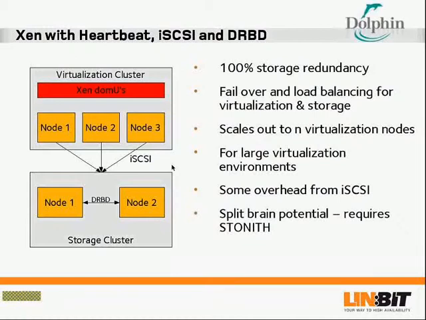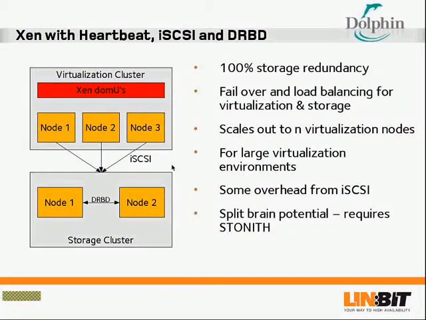So this can, for example, be used for virtualization farms or any other type of server farm that requires centralized but highly available and replicated storage. So this would be a very, very beneficial deployment scenario.